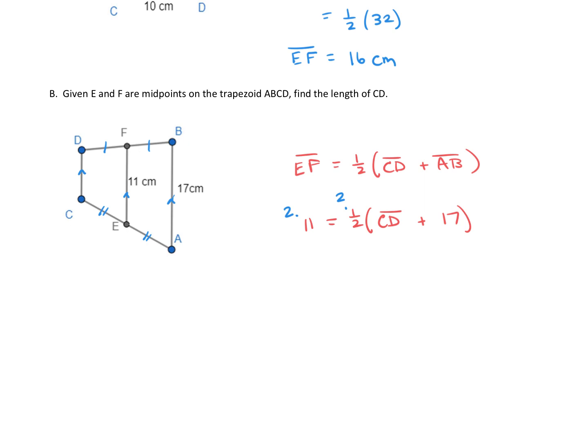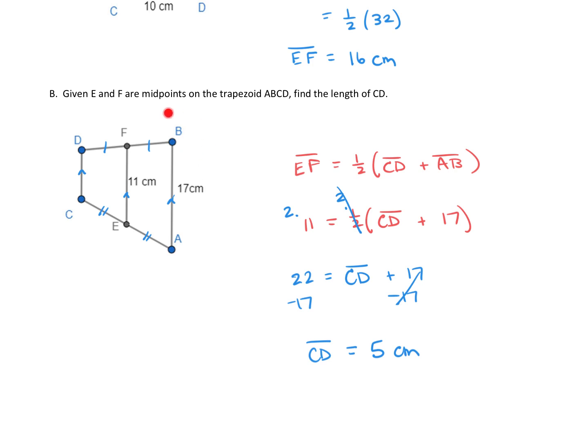When we multiply those, we get 22 is equal to, 2 times a half is 1, so it cancels. And then we can just carry down CD plus 17. And now let's solve for CD. We'll subtract 17 from both sides. So segment CD is equal to 22 minus 17, which is 5. And our unit length is centimeters.